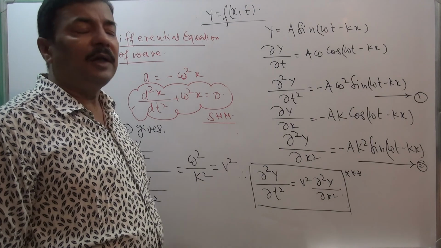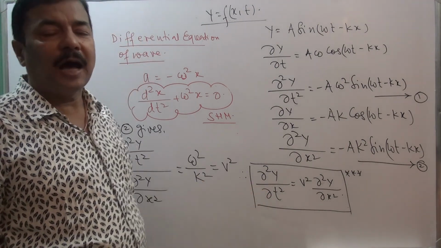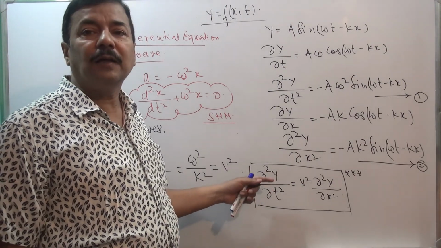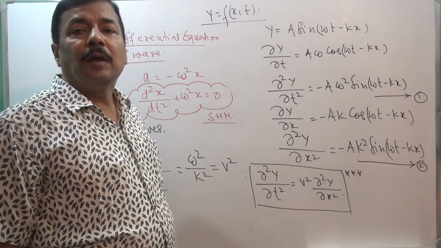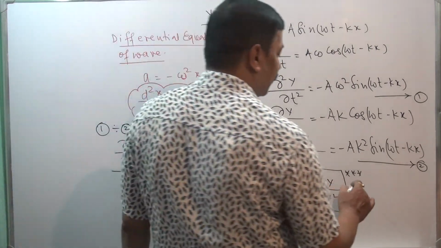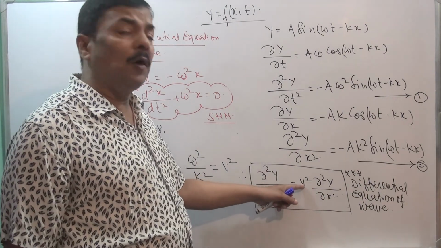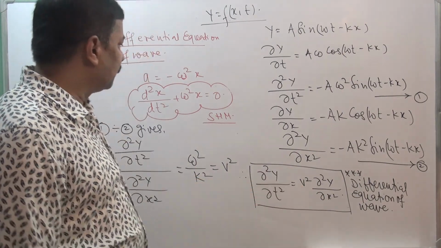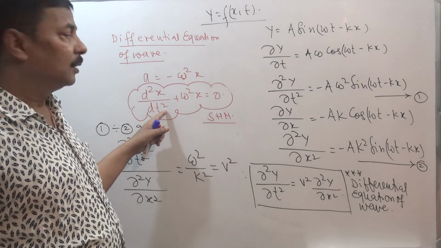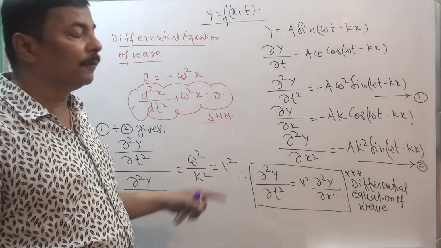You should understand that sometimes in entrance examinations this is directly asked, and in our regular examinations also it is asked to find the differential equation of wave. This is the wave velocity. Now, this was the differential equation of SHM, and this is the differential equation of wave.